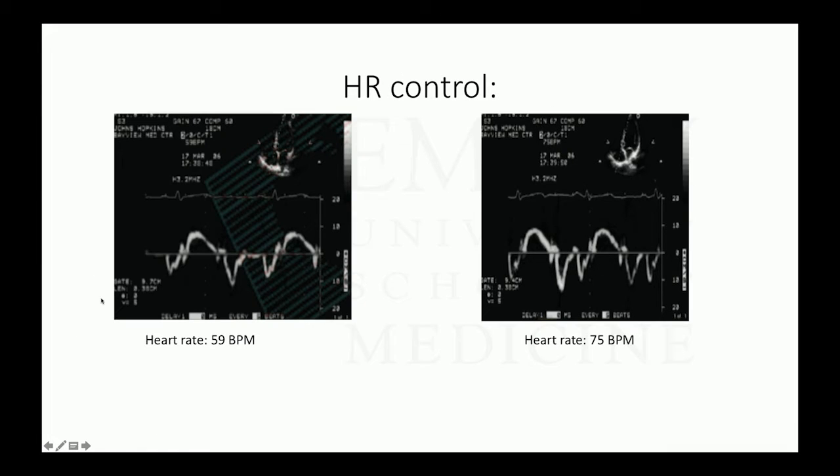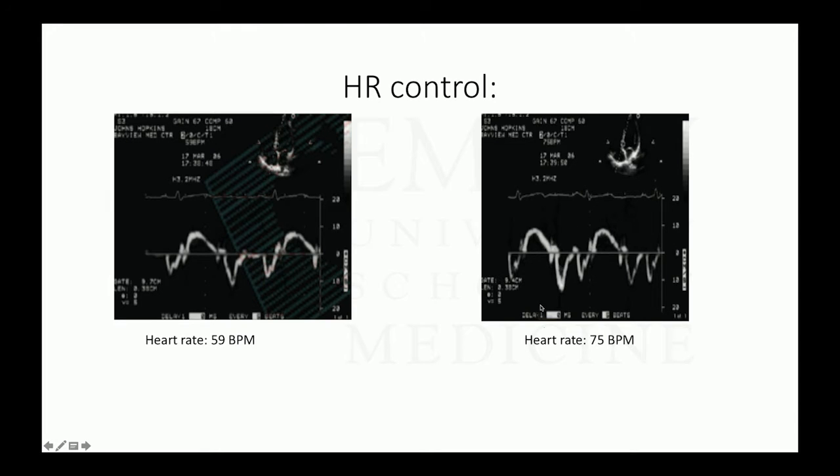And this is a nice echo correlate of that concept, and it really brings home the importance that heart rate control plays, where here you have a heart rate of 59, and this is that sweet spot where we're really trying to image the coronaries and get those beautiful pictures.